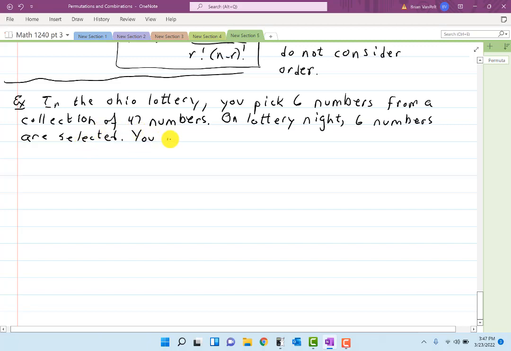You win if your 6 numbers match the ones drawn on lottery night.